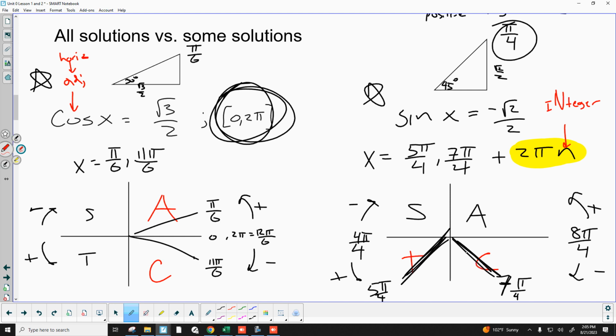Very important to understand, 0 and 360 degrees are 2 different angles. They just happen to end up in the same location. If I'm on a skateboard going straight, I'm going 0 degrees.